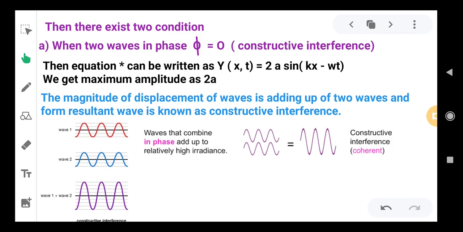If the two waves are in phase, meaning both are starting with the same initial point, a constructive interference arises. If the two waves are out of phase, then there exists a destructive interference. Sorry, it is a destructive interference.